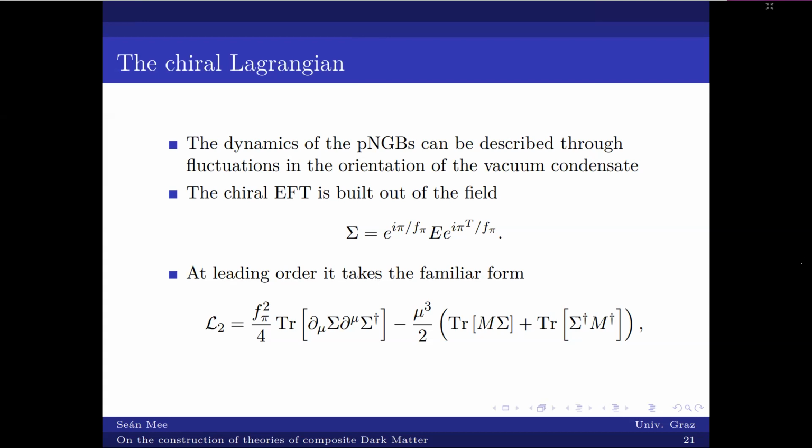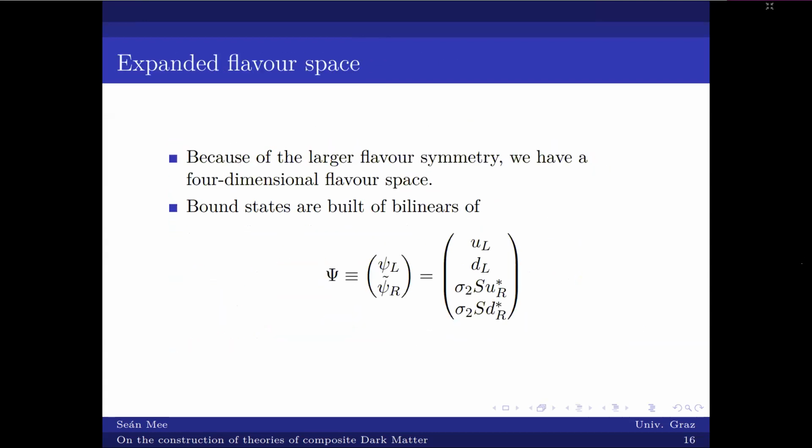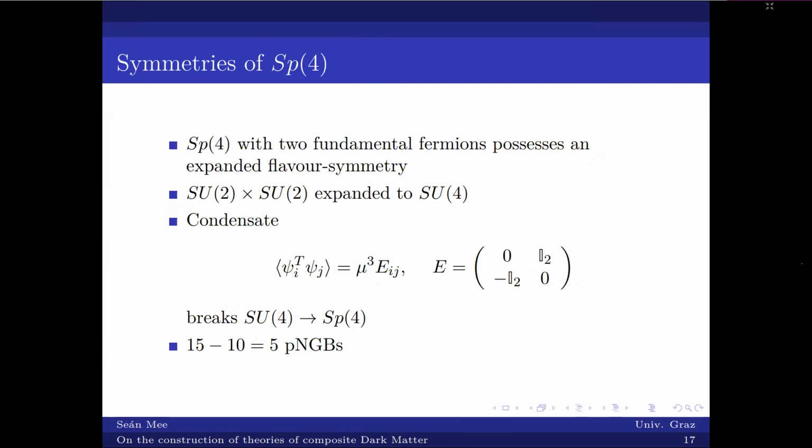There are two symmetries going on here, right? We have an SP4 gauge symmetry and an SP4 flavor symmetry. So they're two different things. This is the local symmetry, which binds the quarks. This is the flavor symmetry that results from just the group structure. I should have made that clear.